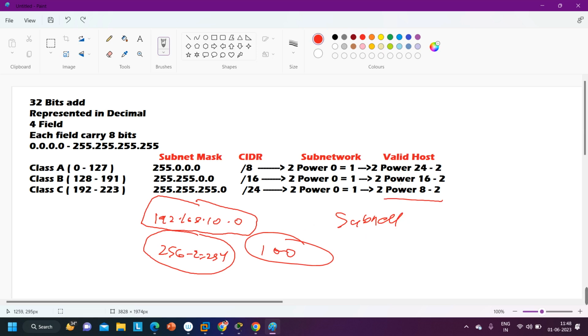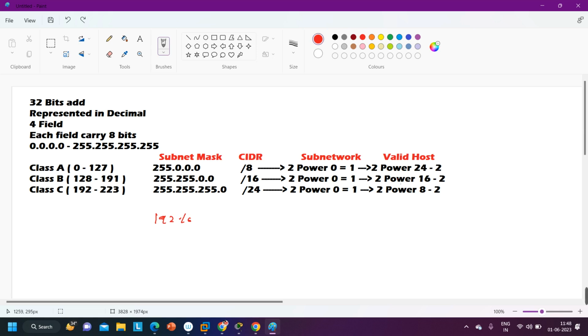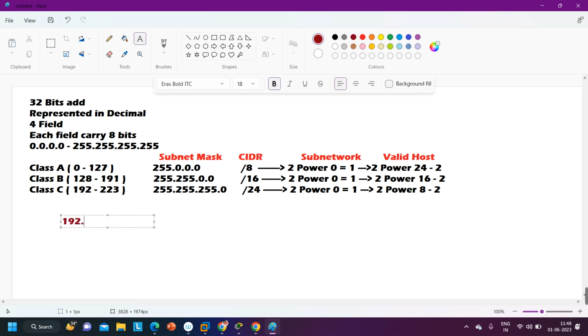Now, see, if I borrow one bit, let's say I am using an IP address from class C. My IP address is 192.168.10.0 slash, by default the slash value is what? 24. And let's say I am using 192.168.10.0 slash 25.